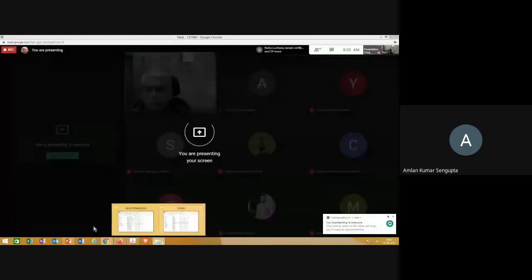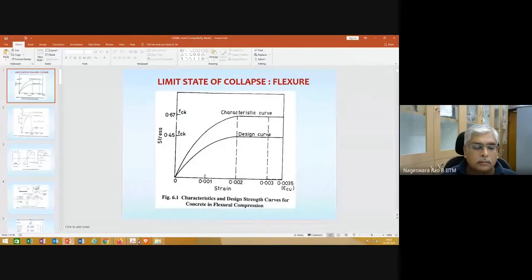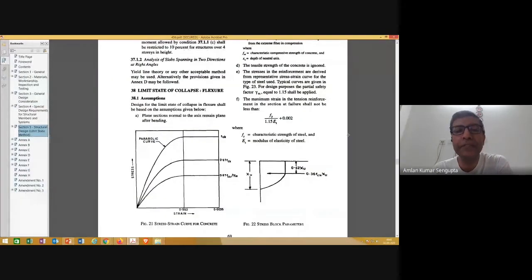Okay, let me just mention a few sentences. This is the first time you are seeing a nonlinear material behavior, and hence you should realize the importance of the stress strain curve.